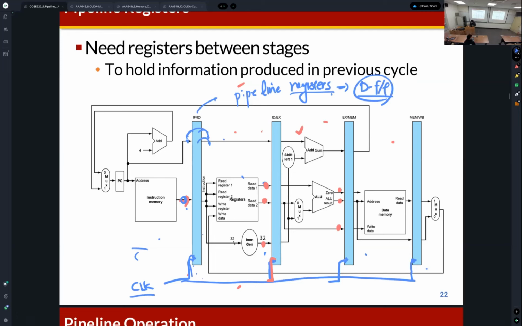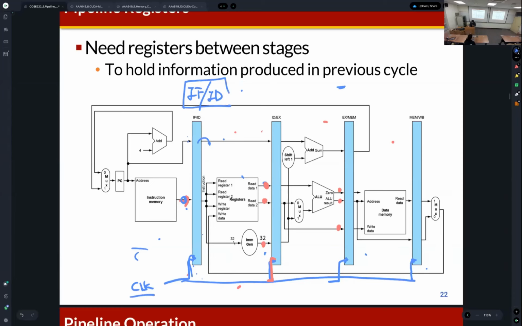We can represent a pipeline register like IF/ID, which means that this is the pipeline register between the instruction fetch and ID stage. I will use this convention for representing pipeline registers. So if I write EX/MEM, this is the pipeline register between the EX stage and the memory stage, right?